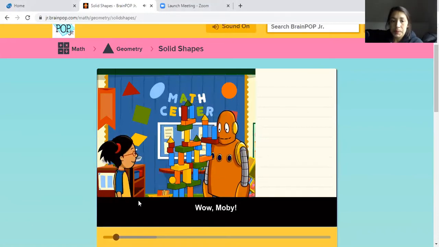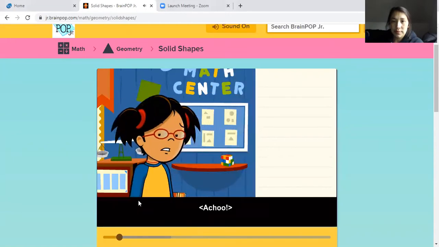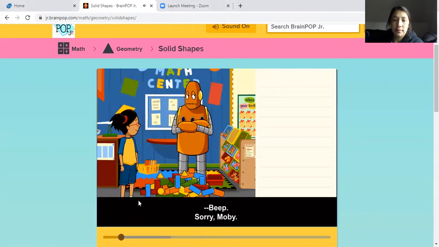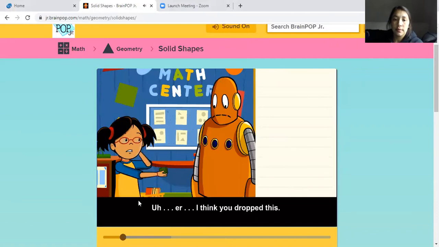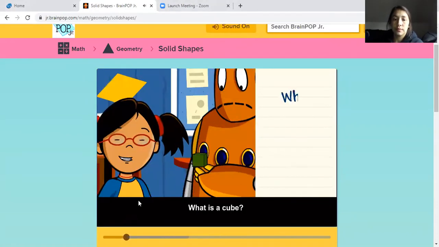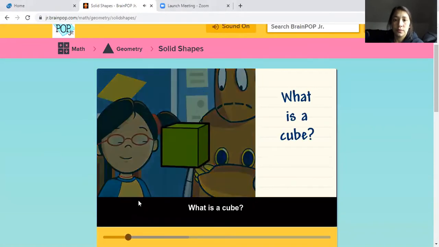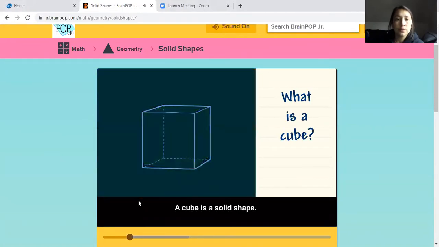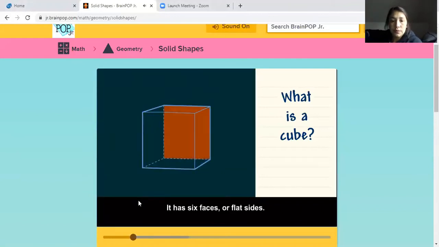Wow, Moby, that looks achoo! Sorry, Moby. I think you dropped this. What is a cube? A cube is a solid shape. It has 6 faces or flat sides.